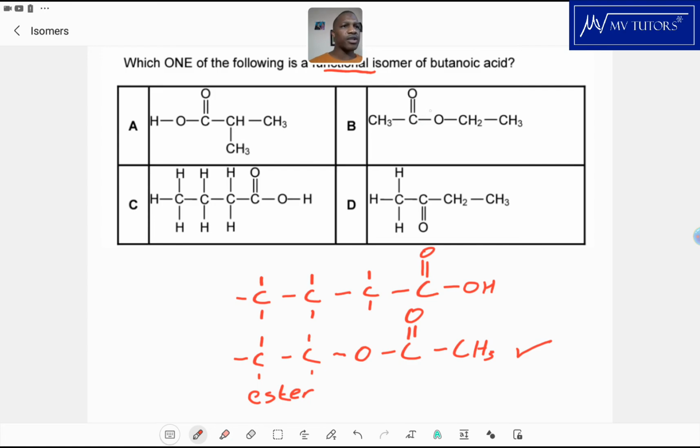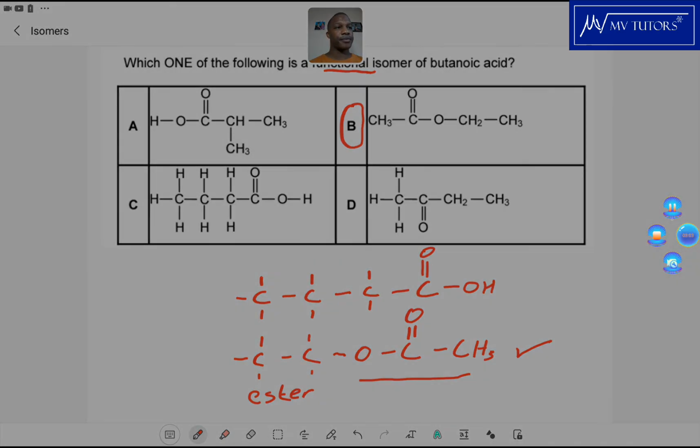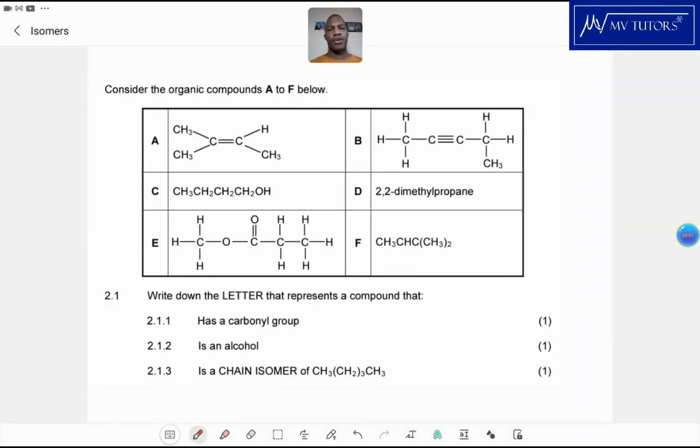Functional group is somewhere in the middle, and then we have a CH2 and then a CH3, just like what we drew here. Okay, so B is our answer over here. We don't need to look at the rest because we've already found our answer. Let's not waste time. Okay, let's do the next question.